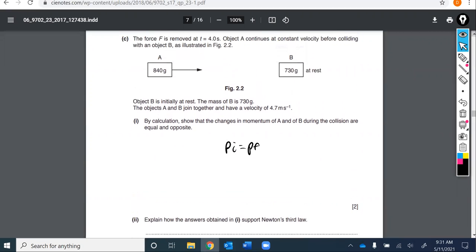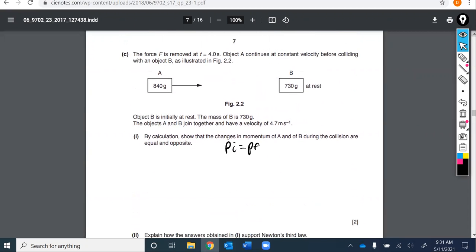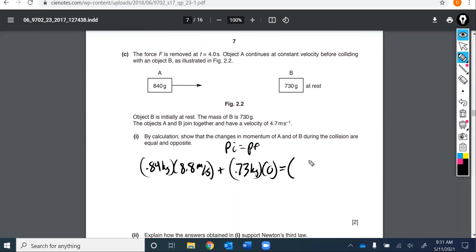Let's think about it the way that we did with the ballistic pendulum. So we have something that is 0.84 kilograms times 8.8 meters per second plus 0.73 kilograms times 0. So there's no initial momentum from that, and that's going to equal the final momentum. There's our 1.57, right? The combined mass going at 4.7.